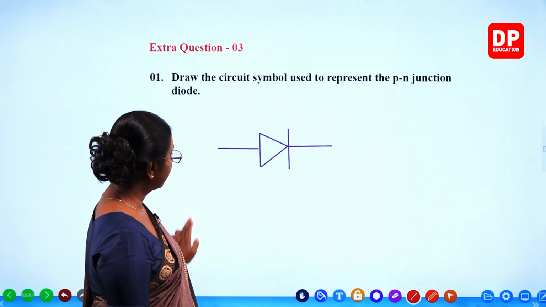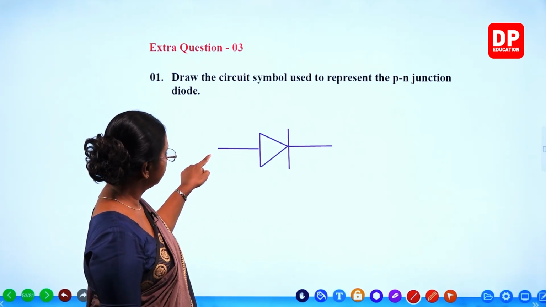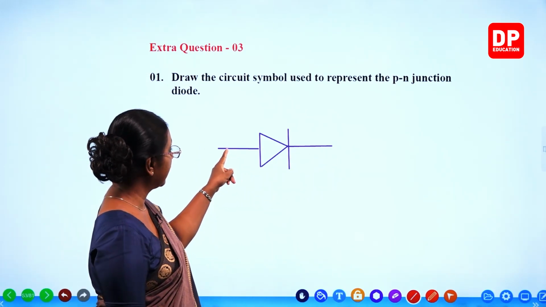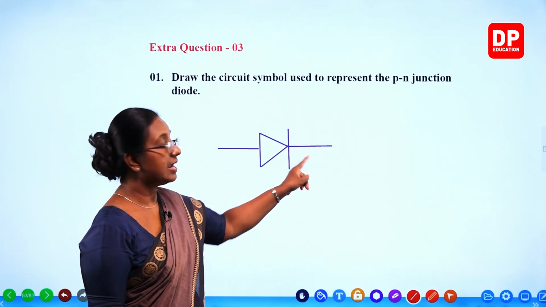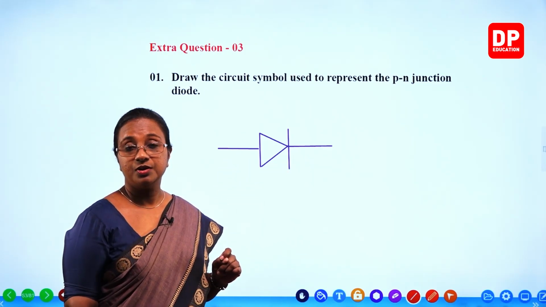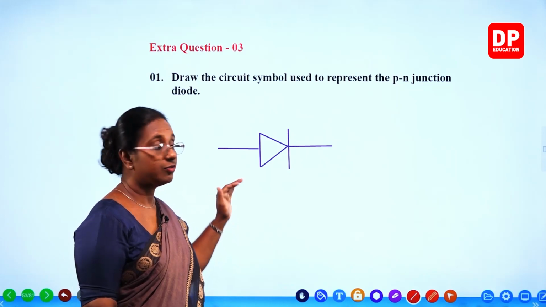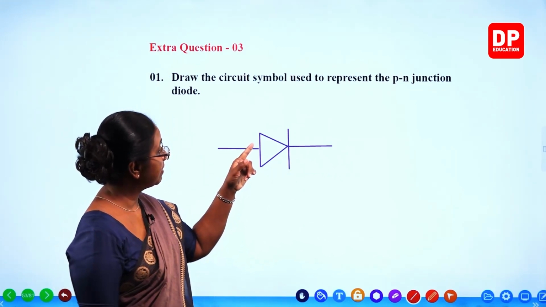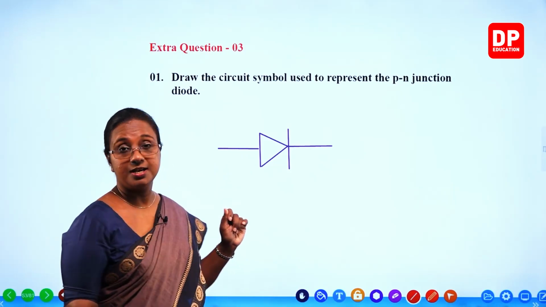The positive terminal of the battery has to be connected to this terminal and that will be connected to the negative terminal. So this is the anode and that is the cathode. You all know current flows in this direction. So that is the circuit symbol for a PN junction diode.